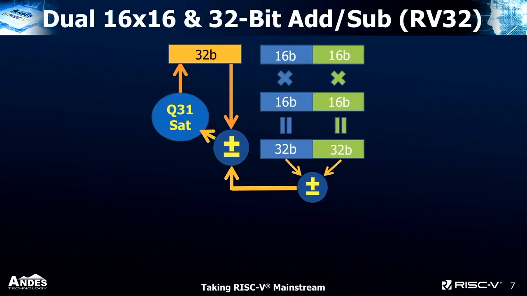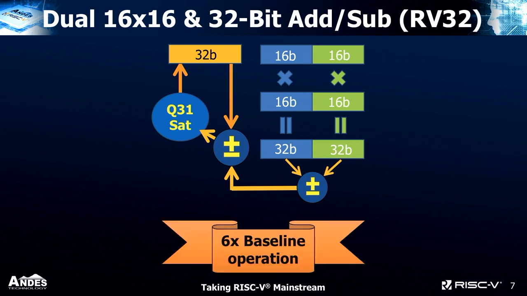It also includes some partial SIMD operations that can do 2 16-bit multiplications and then accumulate to a 32-bit result and do Q31 saturation. It covers 6 times the baseline operations.